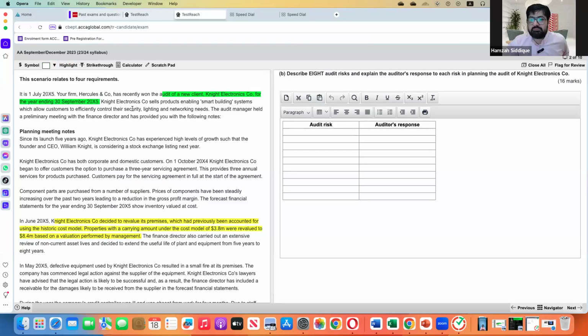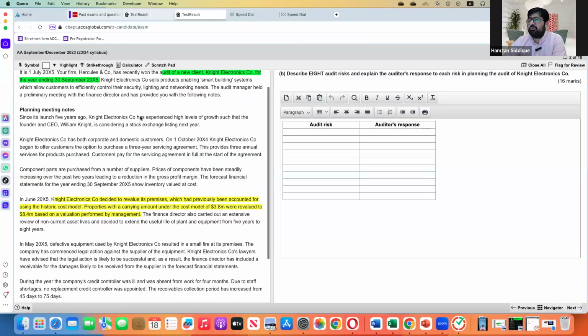Okay. Night Electronics sells products enabling smart building systems, which allow customers to efficiently control their security, lighting, and network needs. The audit manager held a preliminary meeting with the finance sector, with the following notes.